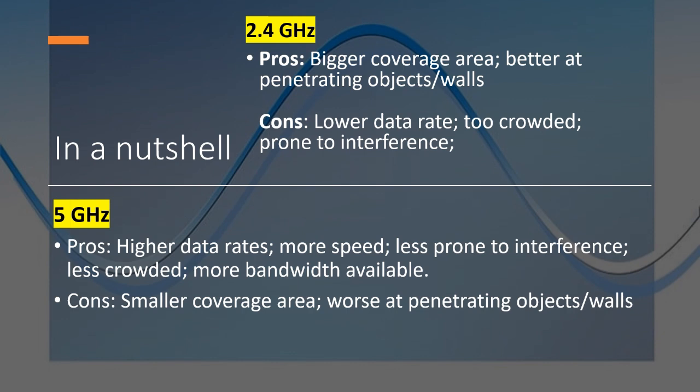Especially the new generation of Wi-Fi is less prone to interference, especially if the channels are separated and don't overlap. It's less crowded and, as I said, has a bigger bandwidth. Now, the cons are a smaller coverage and weaker penetration of objects and walls.